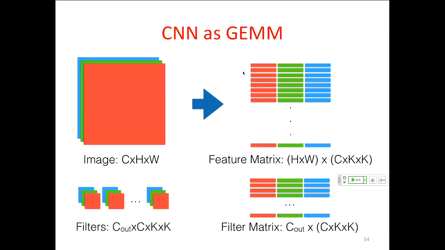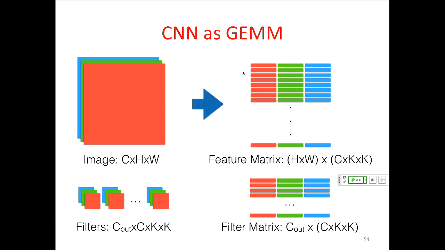It turns out that convolutional neural networks can be transformed into matrix multiply. So you have images here, and you have a bunch of filters, and then you can turn these local regions into a bigger matrix, and we can also pile the filters up to get a bigger matrix here.